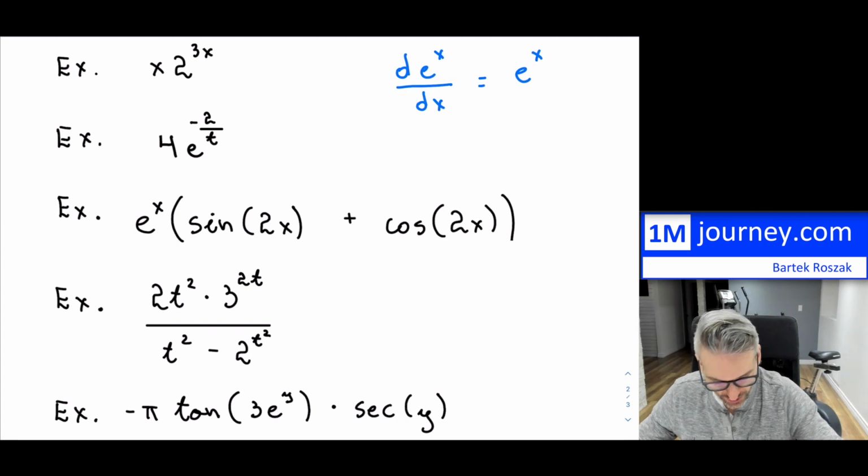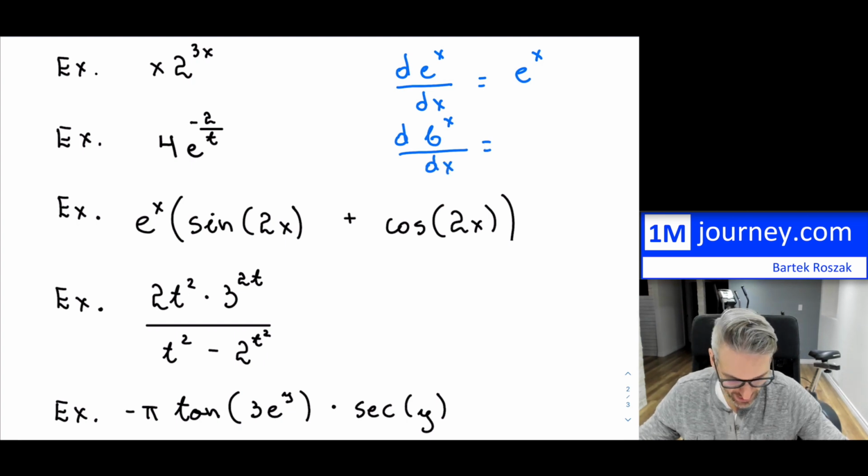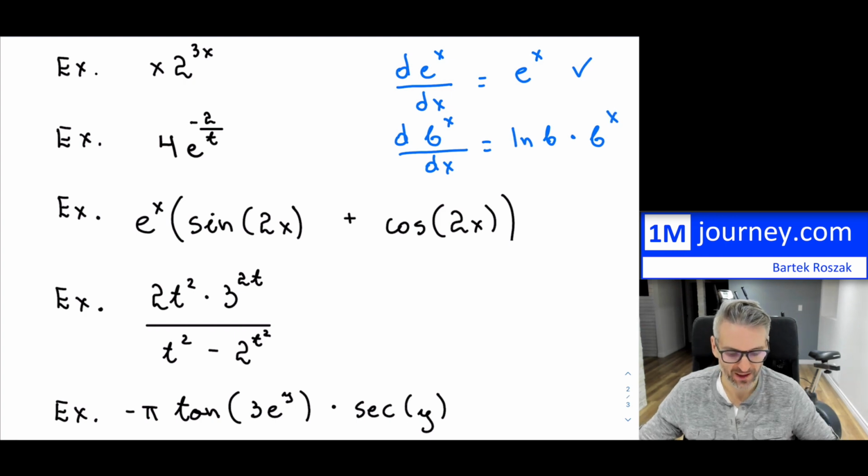And then the general case, so this is for any base, doesn't have to be e. So for any base b, which is between 0 and 1 or greater than 1, if you take the derivative, it's not as nice as this one, but it does have a constant in front, so that will be ln of the base multiplied by the function itself, b to the x.